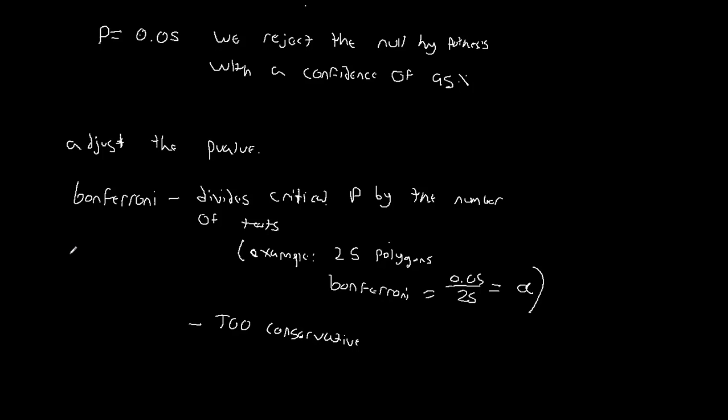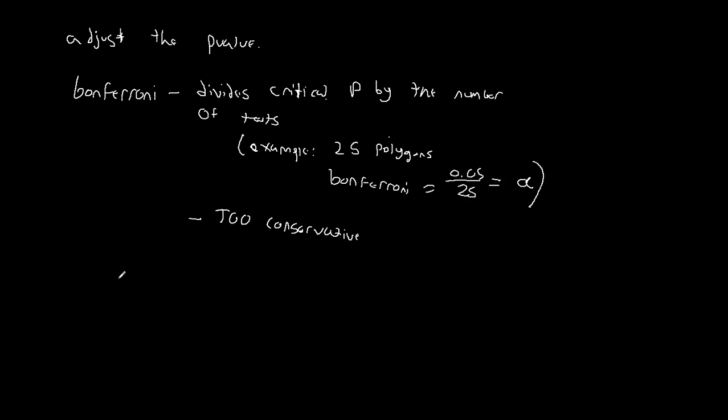So there is an alternative method, and it's called the false discovery rate, or FDR. The equation is a little bit more complicated, so we're not actually going to go through that here.